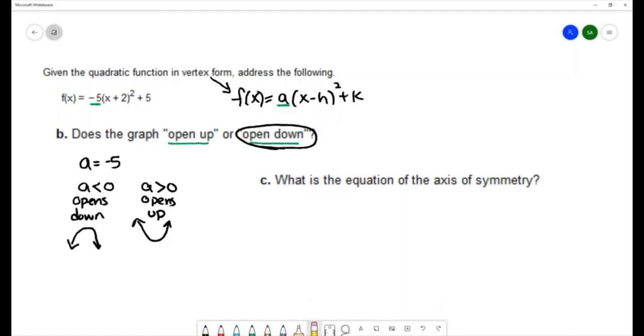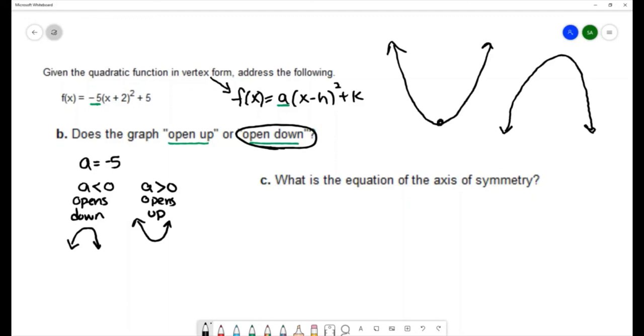And the last question related to this function is, what is the equation of the axis of symmetry? Now, when we have a parabola that either faces up or down, so here's an example of opening up, and here's one of opening down, these parabolas have symmetry around the vertex.